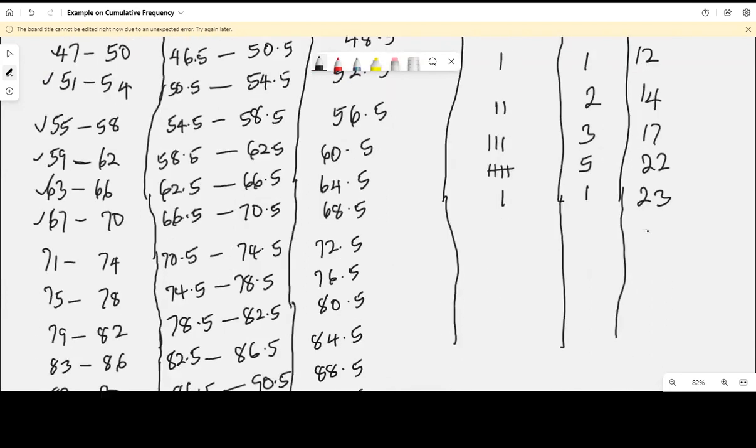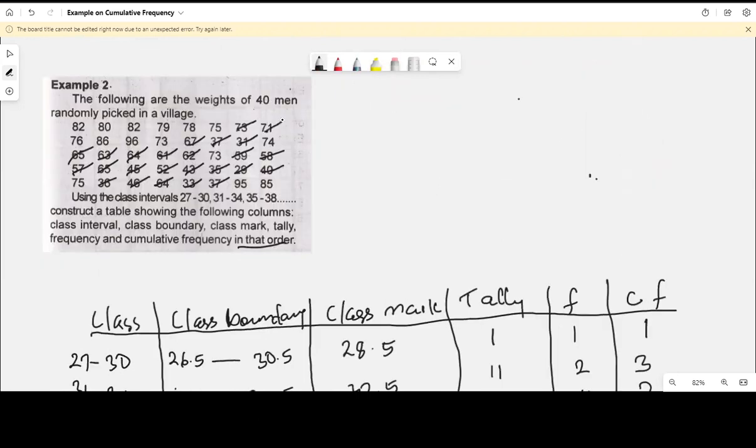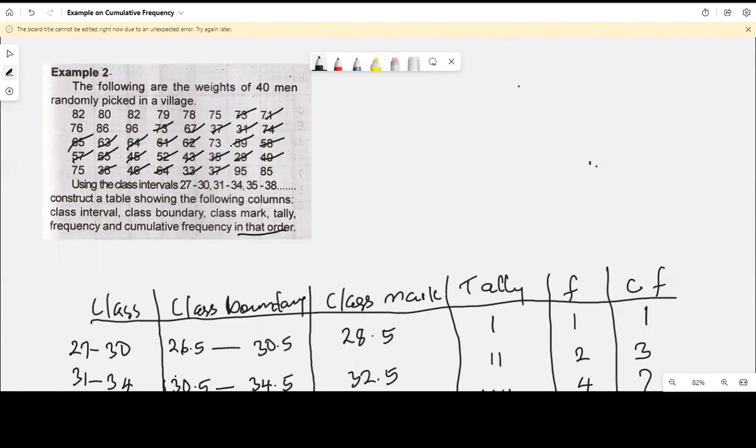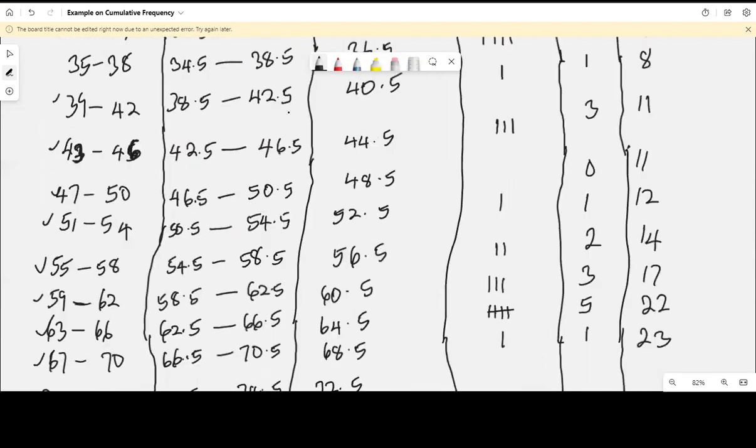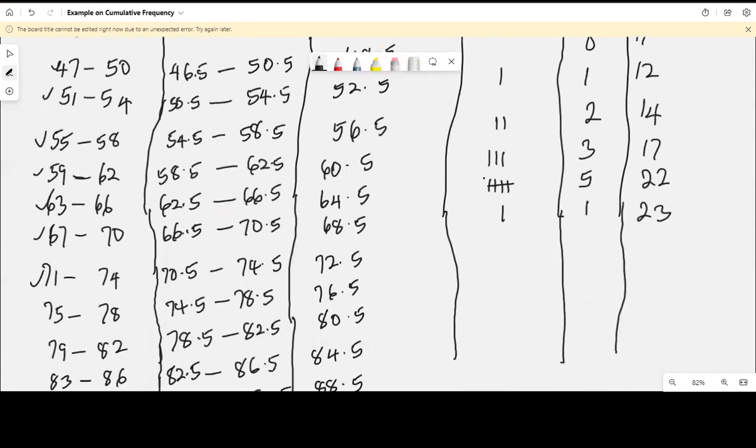The next interval will be 71 to 74. 1, 2, 3, 4. Okay, only 4 of them. Oh, there's 1 here. See, we have 5. Let's cross check. We have 5. 1, 2, 3, 4, and 5.